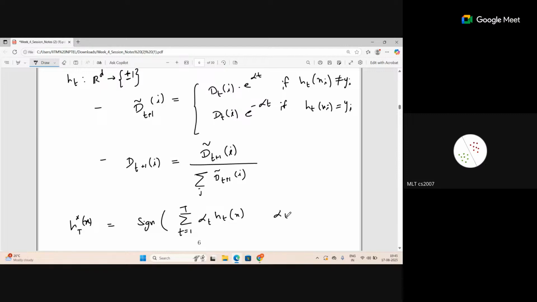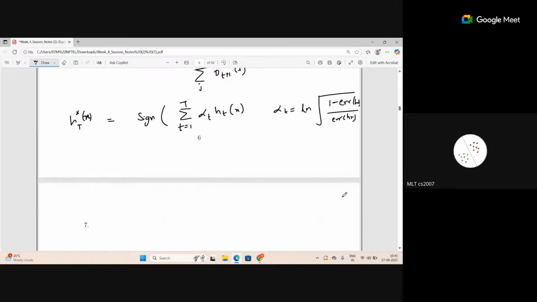It's a little bit complex, but you can think of it as half of log of (1 minus epsilon) upon epsilon, where epsilon is the error you make. Now this is my entire algorithm.